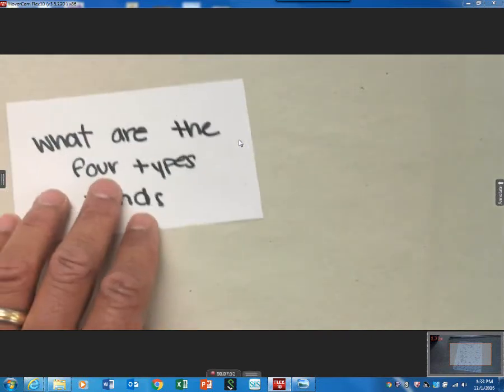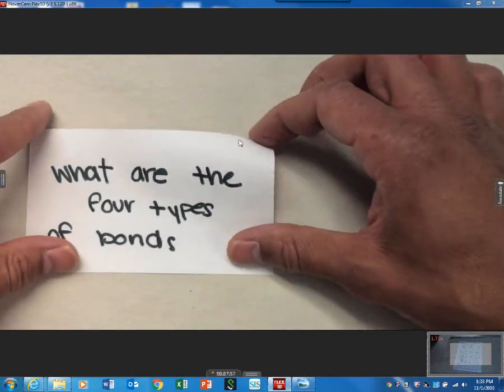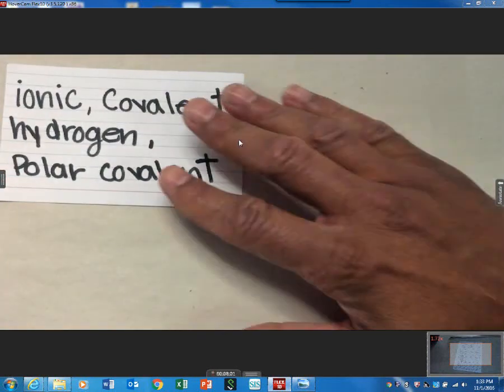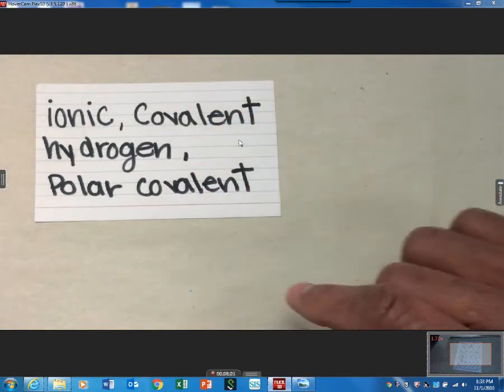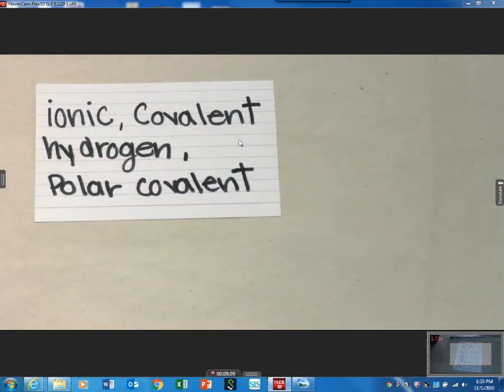Oh, here we go. Something you should know. Covalent. Okay. One of these causes another one, kind of, in water.